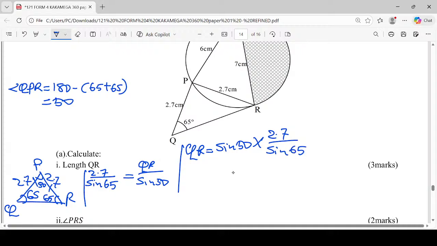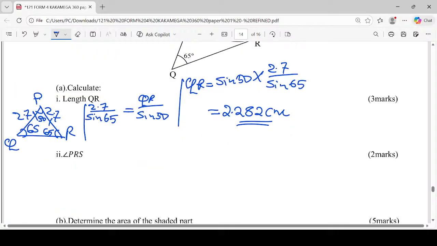And this is going to give you 2.282 centimeters.